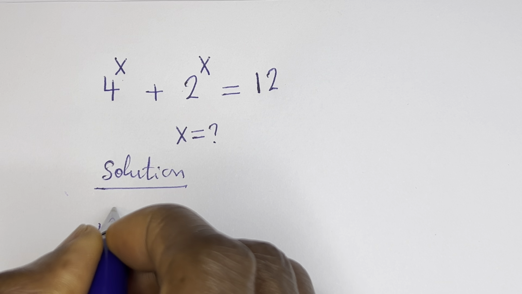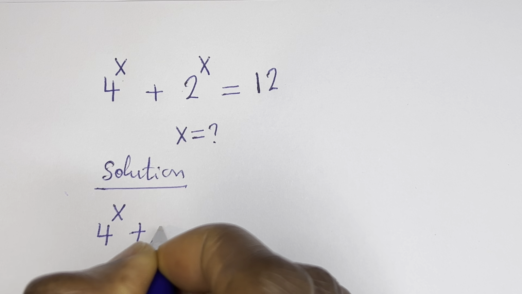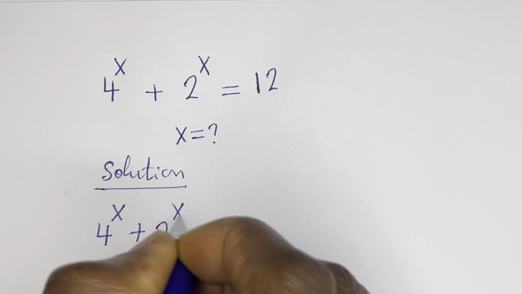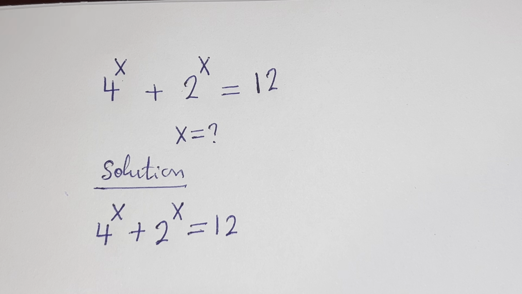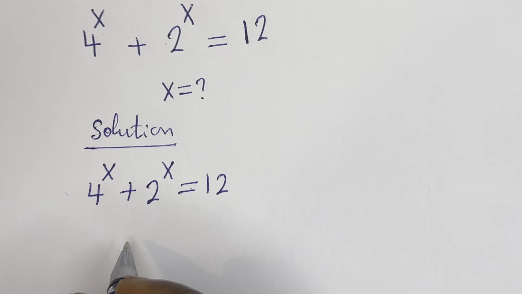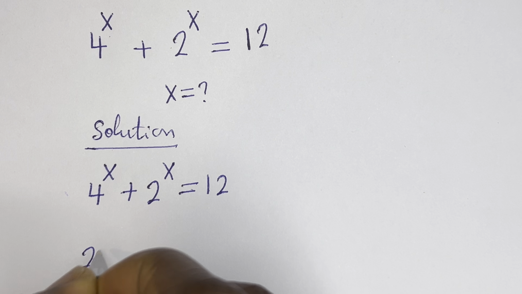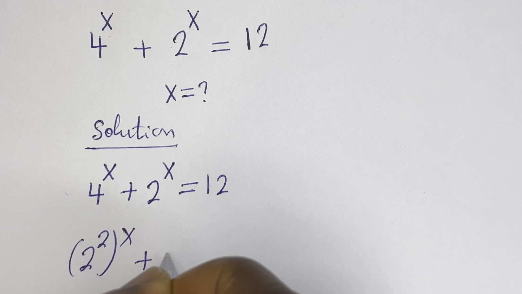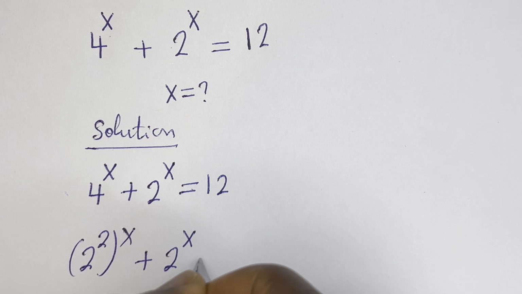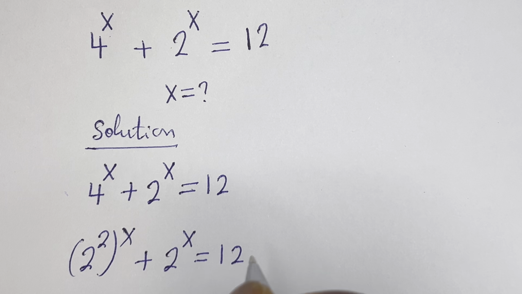We have 4 to the power of s plus 2 to the power of s is equal to 12. Then 4 to the power of s can be written as 2 squared to the power of s plus 2 to the power of s is equal to 12.